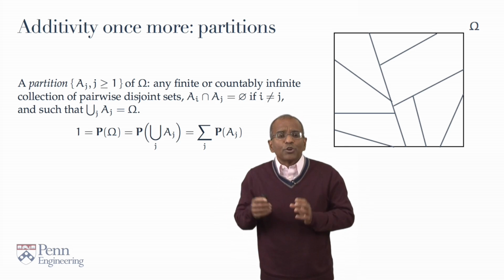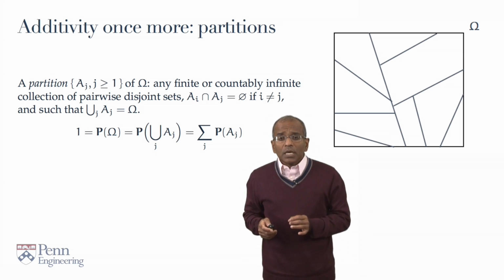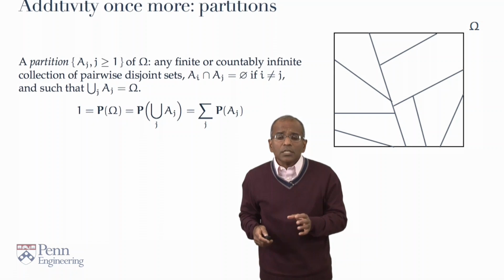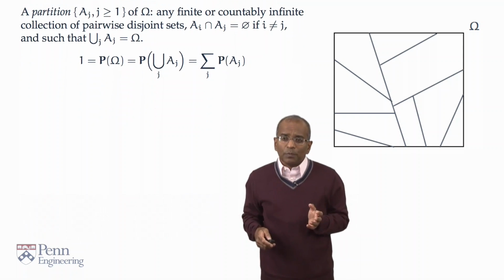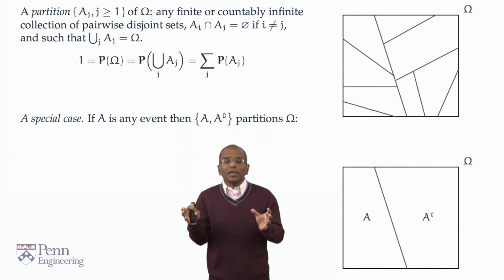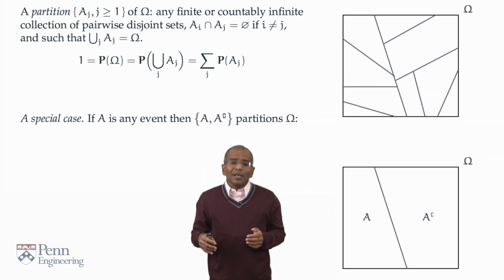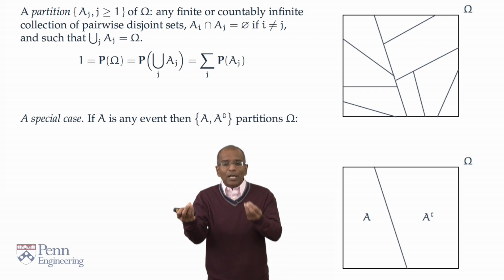Very powerful general principle. A particular manifestation of this is something we've already seen and turns out to be quite remarkably useful. Consider a very special case where we partition omega into two pieces. A set A, and what remains? Well, of course, the complement of A. Clearly, the sets A and A complement are a partition of omega.